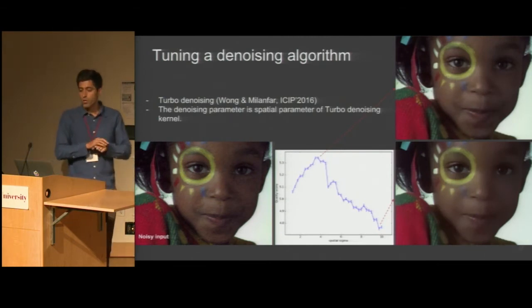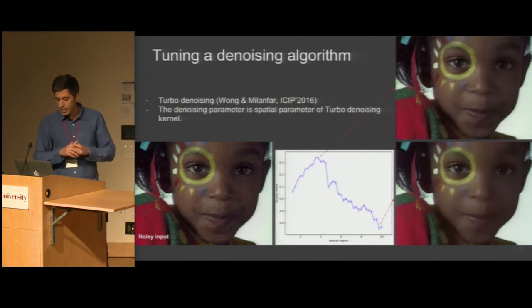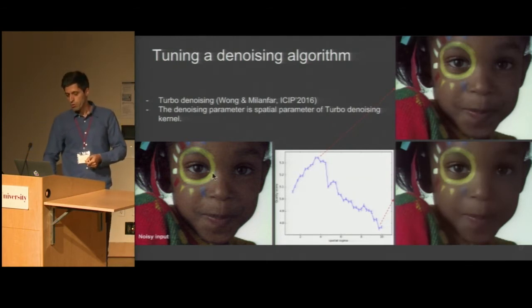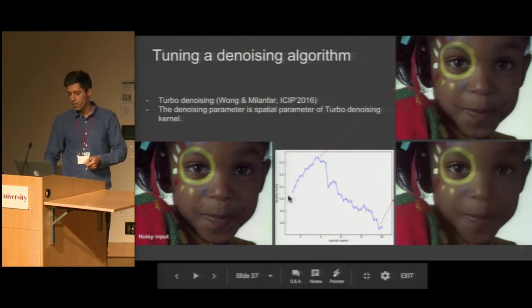Also we tried it for image denoising. The idea is to find the best, say, spatial parameter that tunes our denoiser. The higher the spatial parameter, the more aggressive the denoising. So input image noisy, then what I'm showing you here is a plot of NEMA scores versus that spatial parameter.